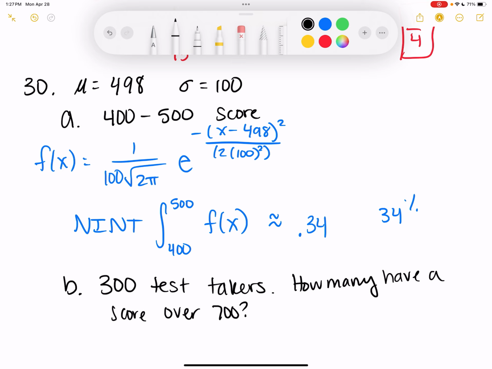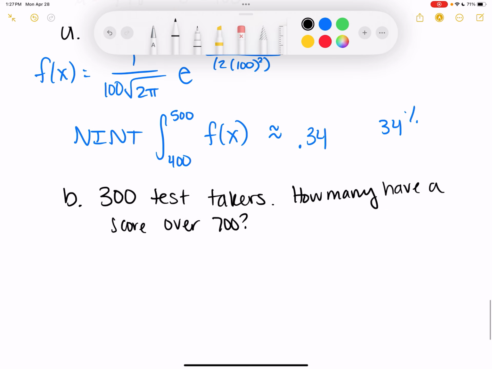The highest that I can have is a 900. So I'm gonna have NINT from 700 to 900 of that same function f of x. We can type it in later when we come back and finish this.